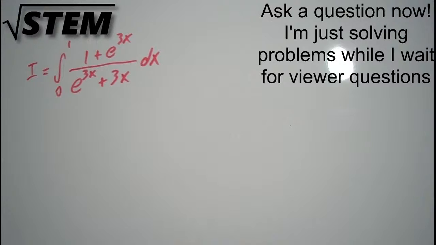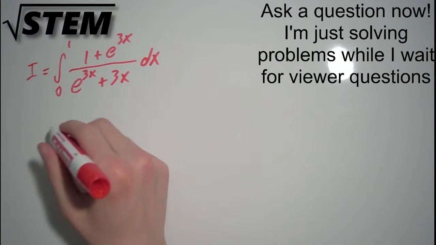I wonder if we aren't supposed to factor out an e to the 3x from the top and bottom. I don't know. Let's just try some stuff. What if we factor out an e to the 3x?